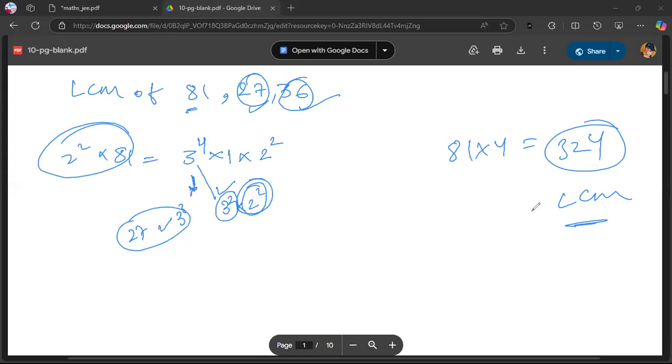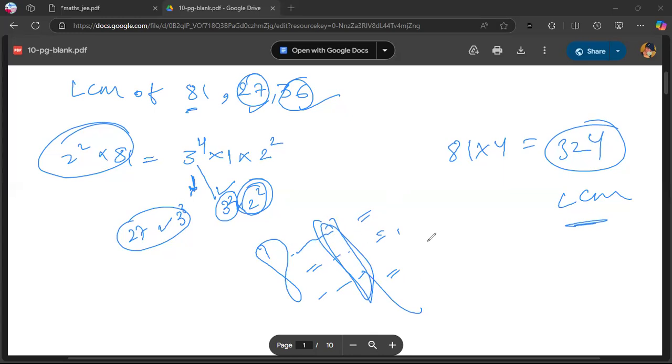Now let's talk about HCF, the highest common factor. The HCF is already very easy to find. Take the prime factorization of the numbers, and whatever is common, you'll find after pairing it. If there are three numbers also, prime factorize them, find the common factors, and multiply those common factors, taking one number out of the pair or the triplet only.